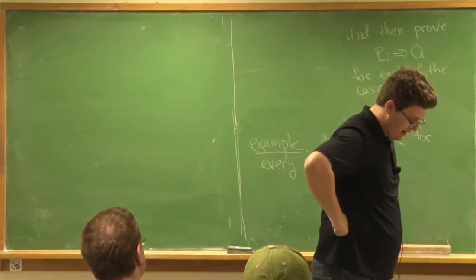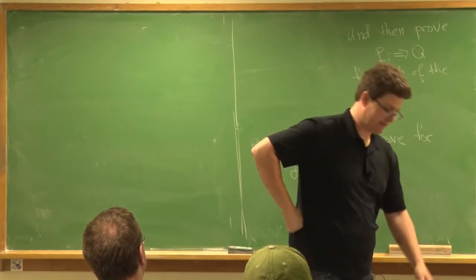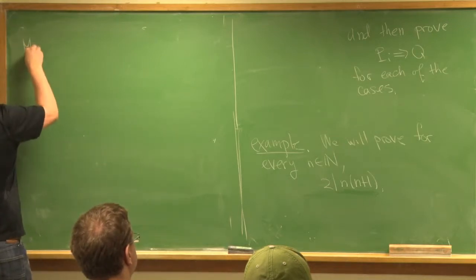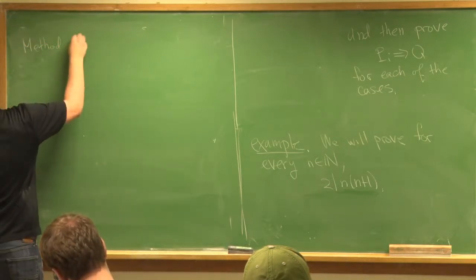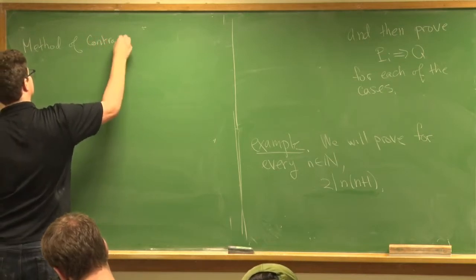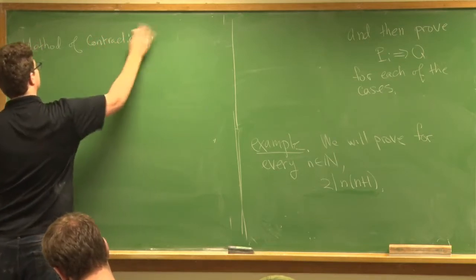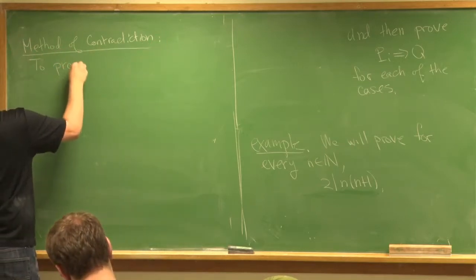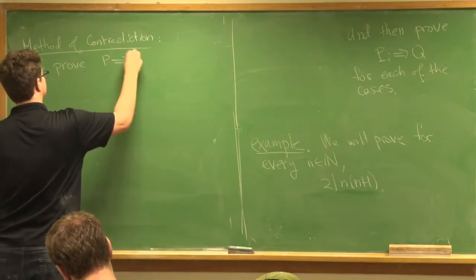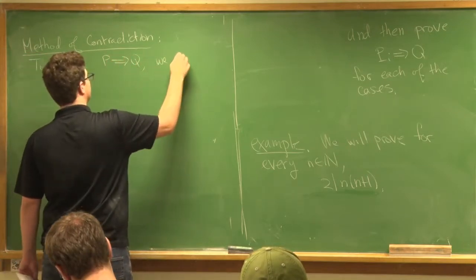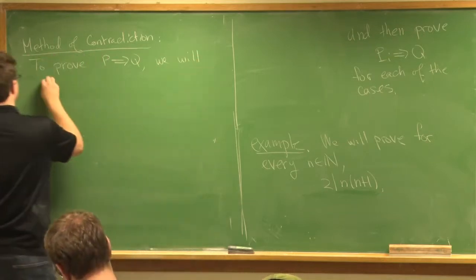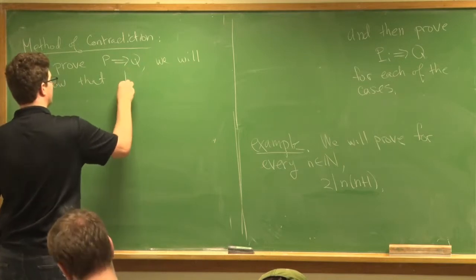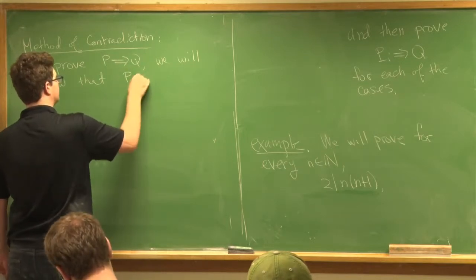Okay, so let me do another type of proof technique. We did the method of contrapositive. This is kind of similar: the method of contradiction. To prove P implies Q, we will show that not P, or P and not Q, is false.